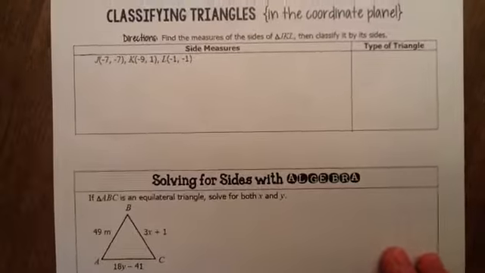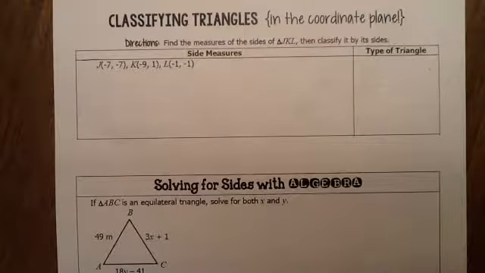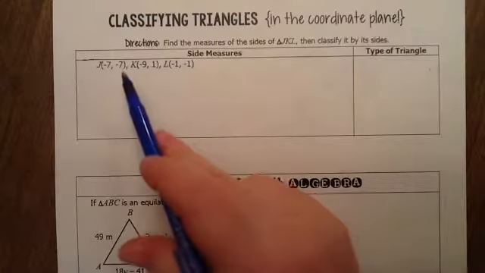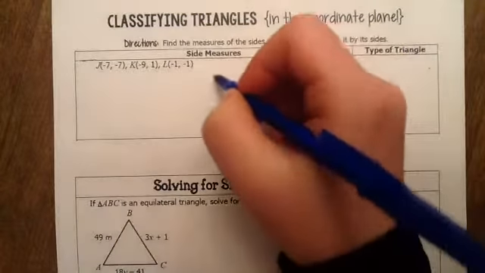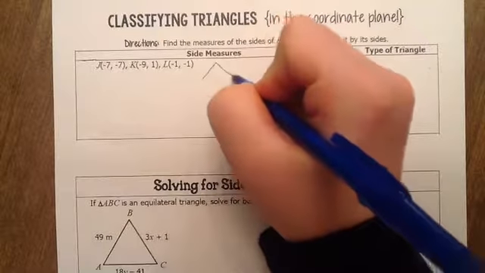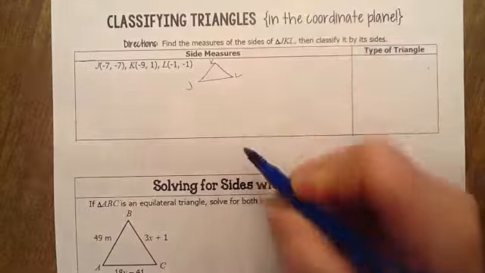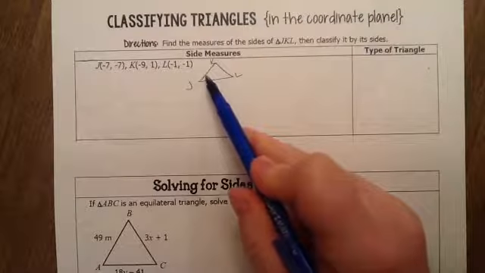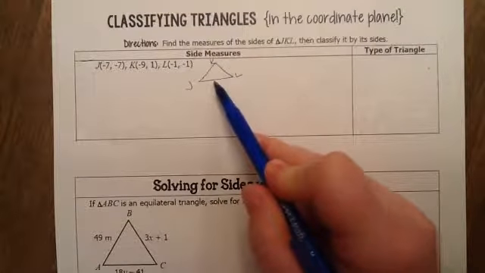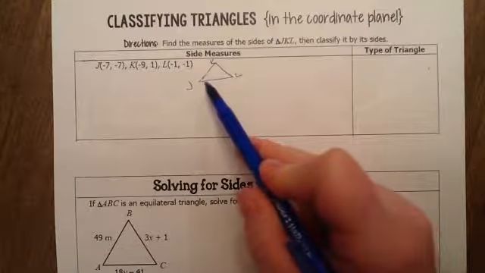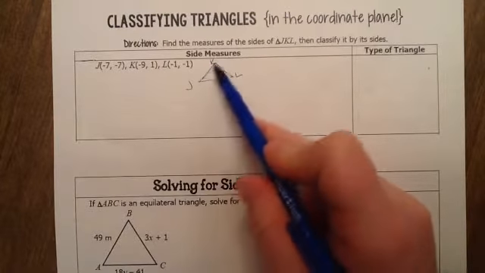Next, we're going to be given some coordinates, and we need to figure out the sides to tell what type of triangle it is. So if we're going to think of this triangle as JKL, how many sides are there? 1, 2, 3. So I need to know the measurement of each side. So first I need to do JK.